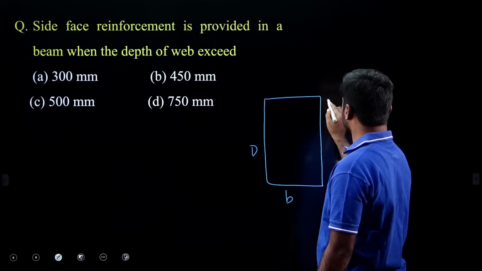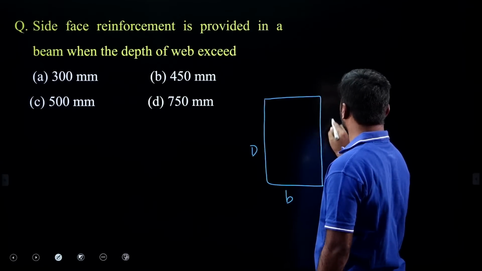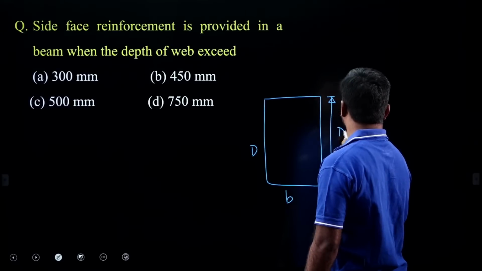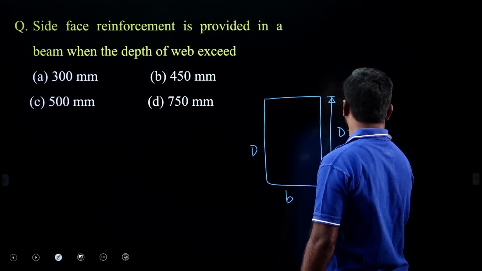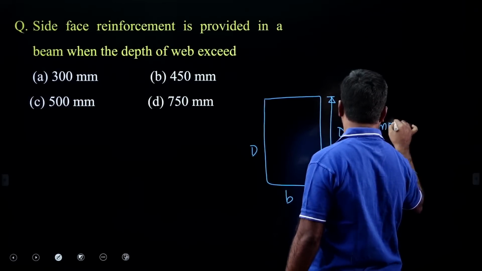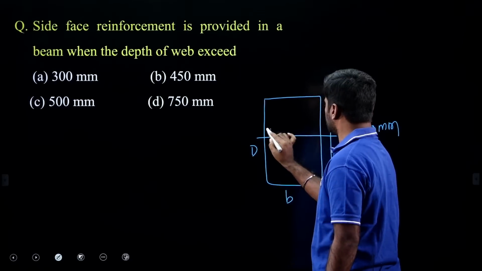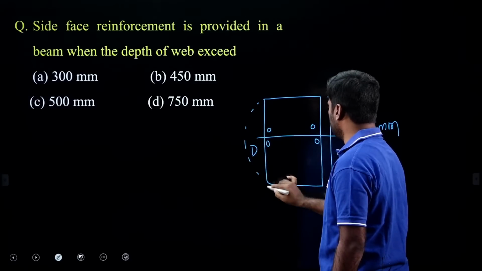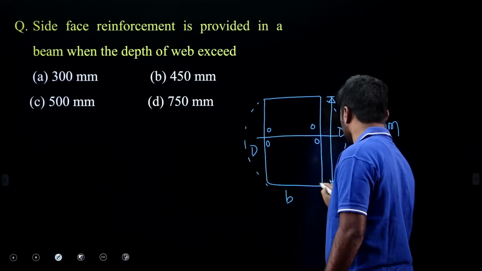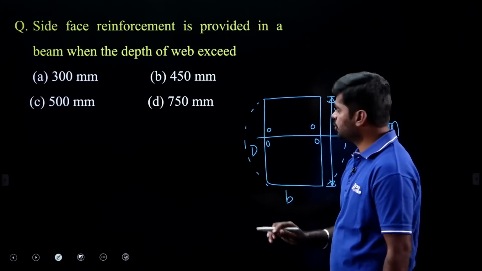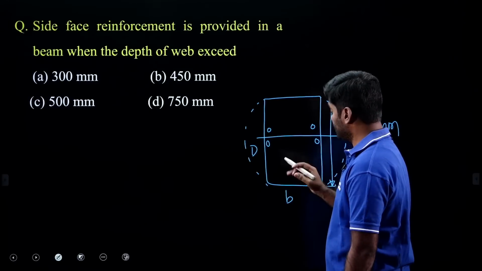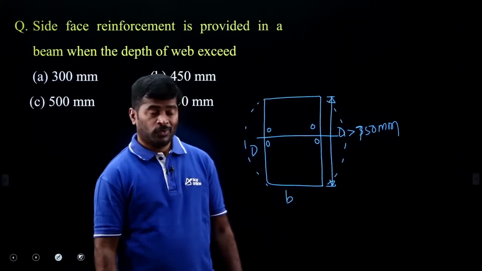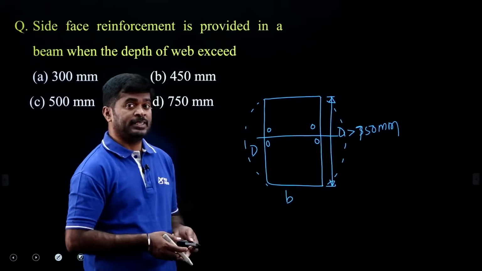Suppose this depth is more than 750 mm, then we have to provide side face reinforcement at mid depth, because maximum buckling occurs at mid depth of the beam. So, we have to provide the side face reinforcement at mid depth. It is true when the beam is subjected to flexure.